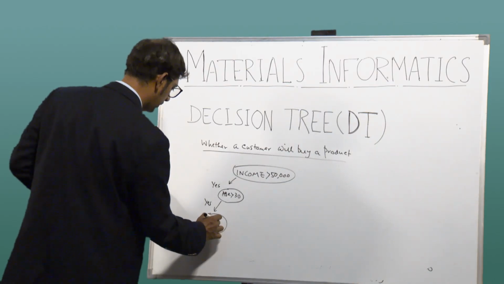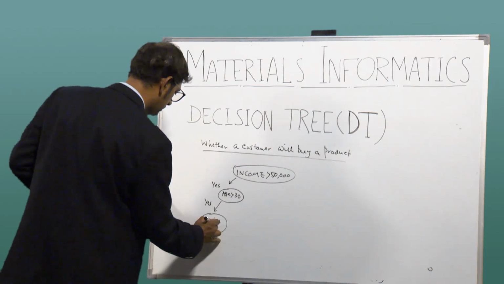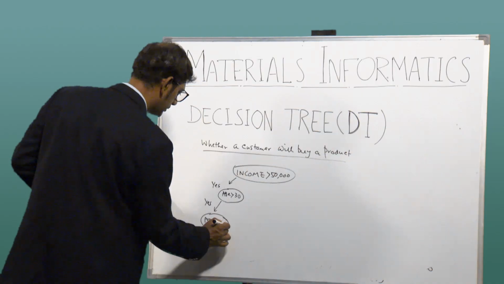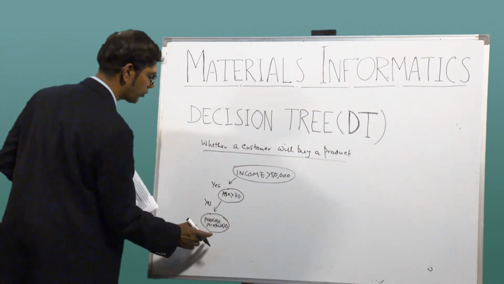The third factor is whether the person has a history of previous purchase, whether the person has already gone to the same shop and made a previous purchase, so previous purchase more than 0.